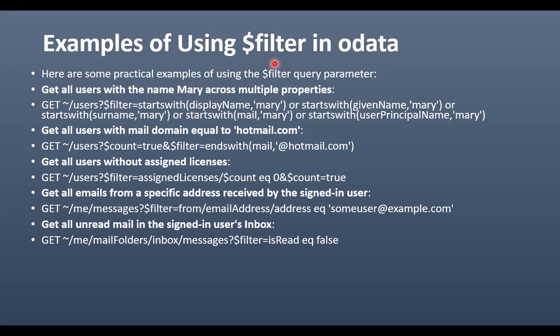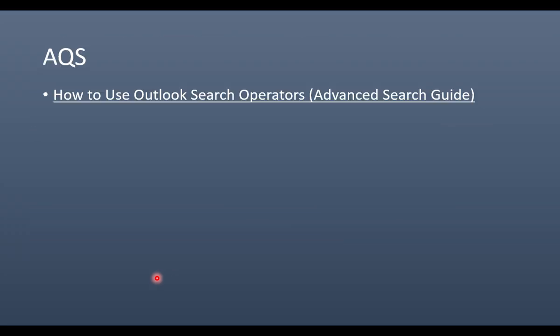Examples of using filter in OData: get all users with the name Mary across particular properties. Okay, so this is the syntax you can use. Get all users with mail domain equal to hotmail.com. So this is the syntax you can use. Okay, you can find more on the web on how to use Outlook search operators. You can search in Google and find.